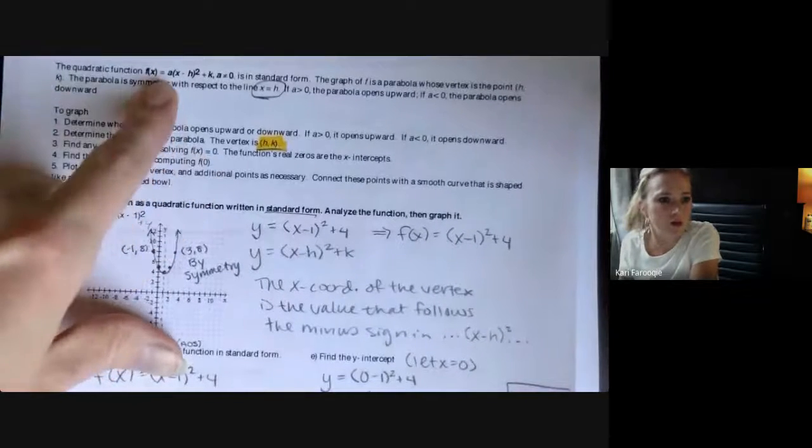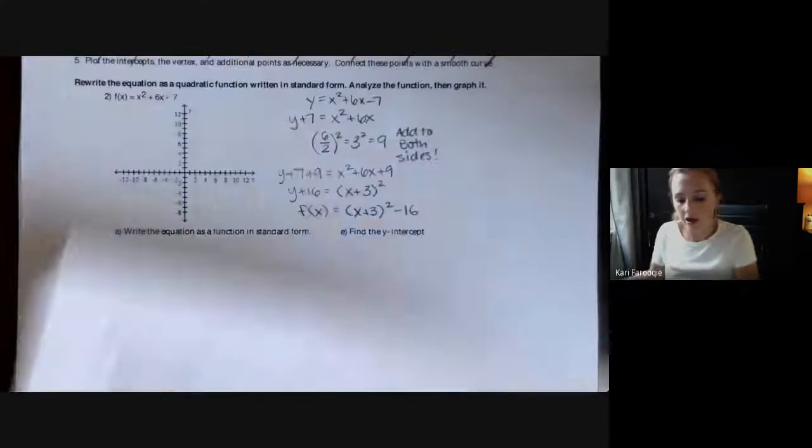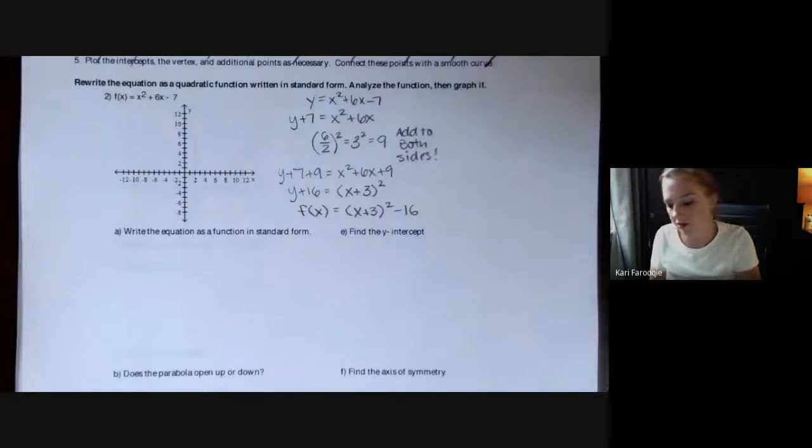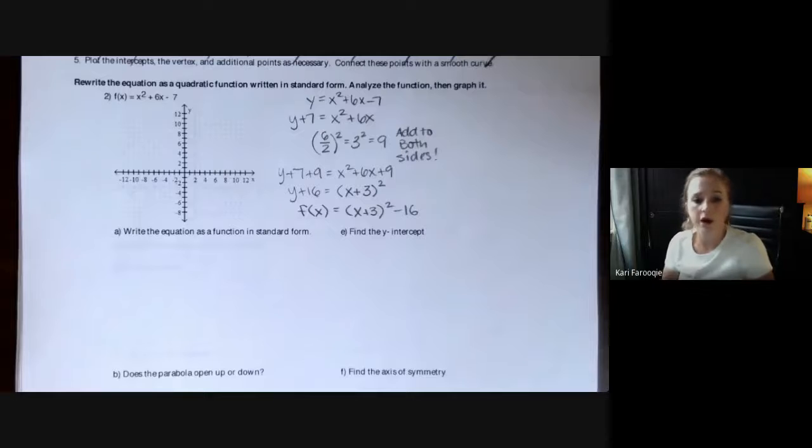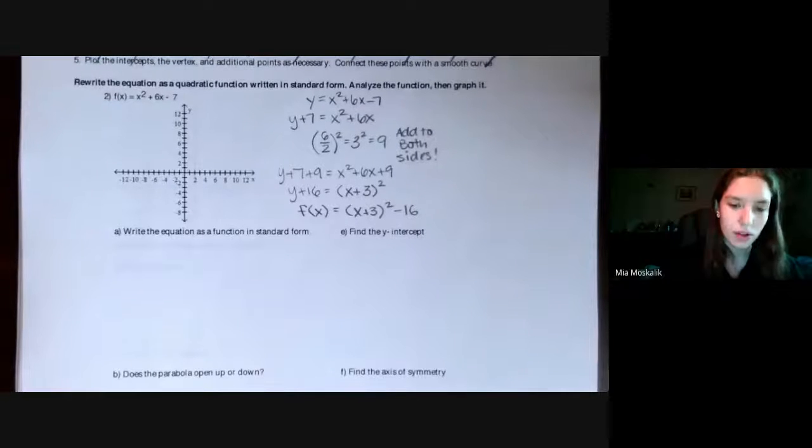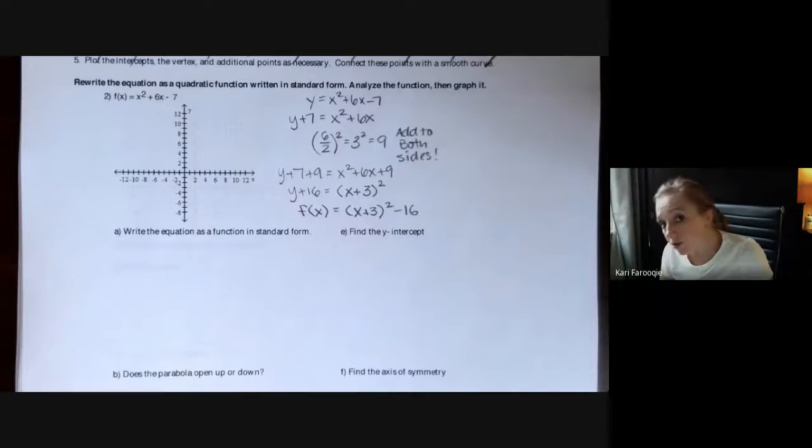And standard form was written as f of x equals. On a test, if I said write this in standard form, if you put y, I would just be thrilled that you got the right-hand side correct. So I mostly did it as a formality. Okay. Yeah. Any other questions on finding the standard form for this quadratic function?